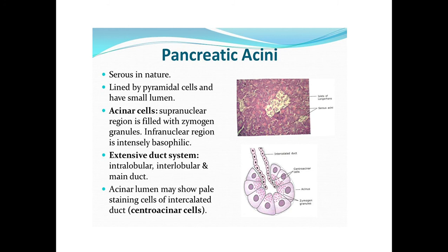And the duct system includes the following: intralobular ducts, interlobular ducts, and the main duct. The acinar lumen may show pale staining cells of the intercalated duct referred to as centroacinar cells. So in the illustration, you can see the intercalated duct and the secretory cells.